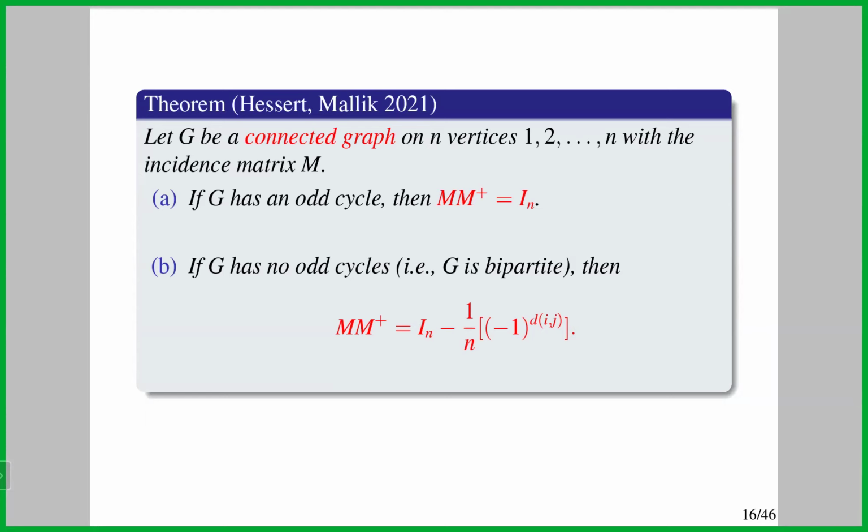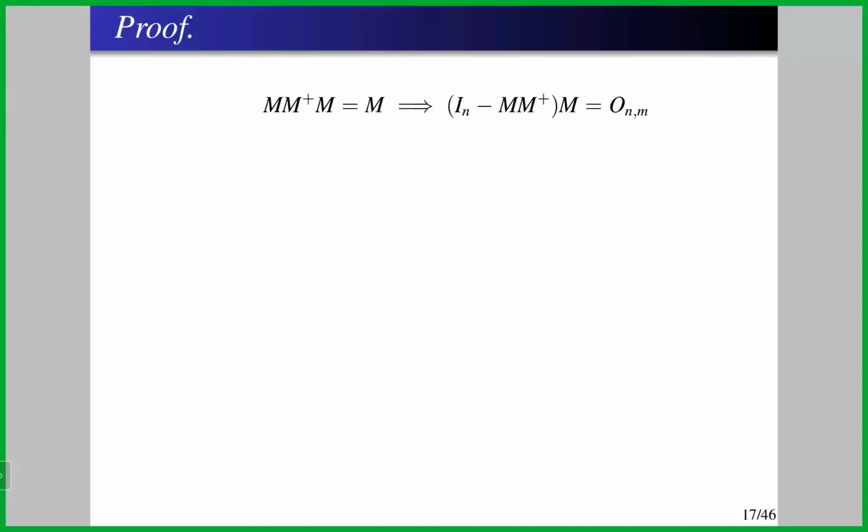And this is a nice theorem, and usually in a good talk we should at least talk about one proof. So since this theorem is really nice, I'll show you a quick proof, and then we can talk about other things. Let's try to prove this. You remember that M plus satisfies 4 equations.